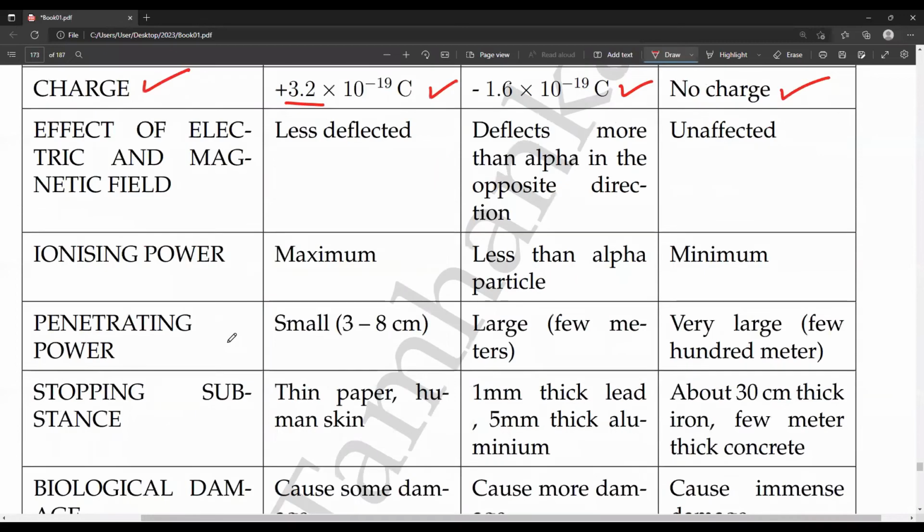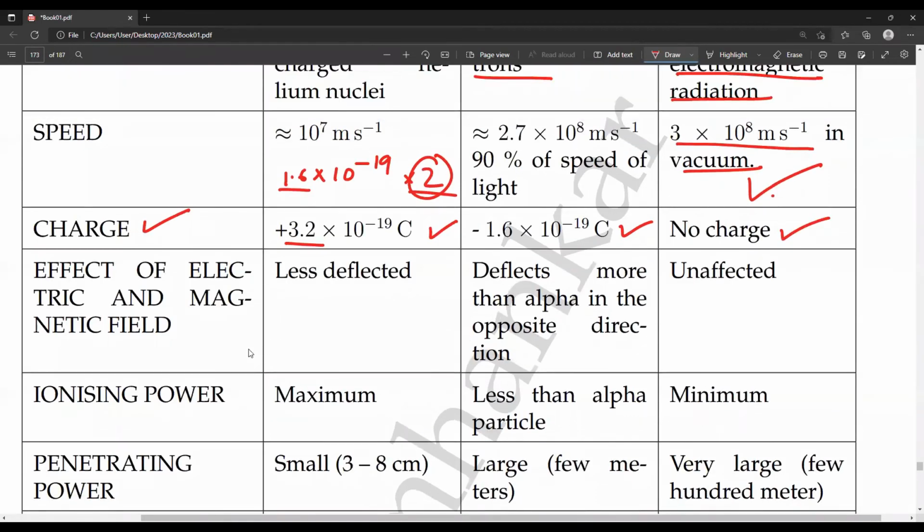Next is the effect of electric field and magnetic field. The alpha particle is deflected, but it is less deflected because it is heavy. Here it deflects more because it is an electron and an electron is very light.